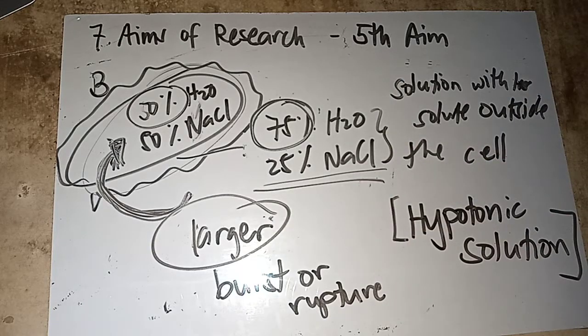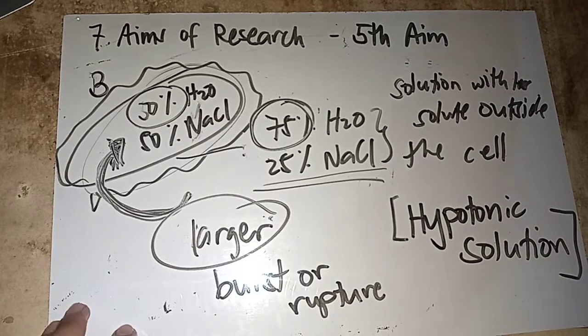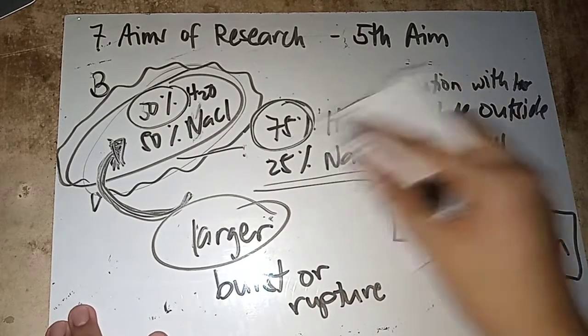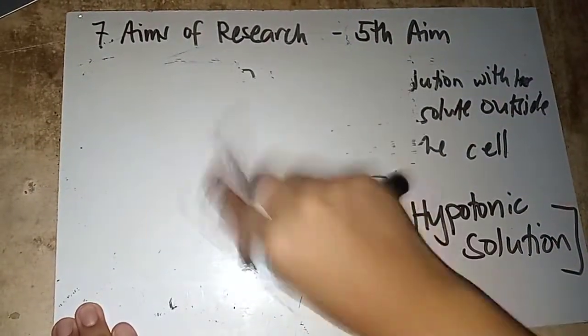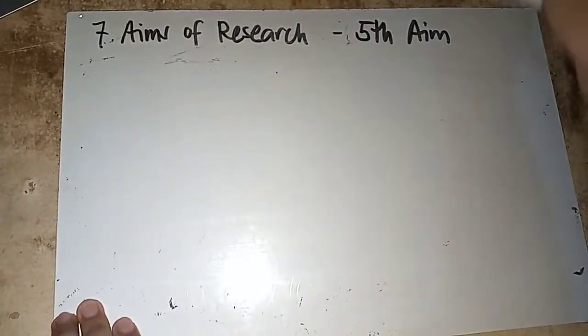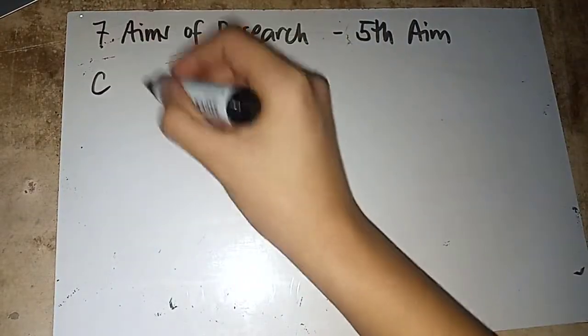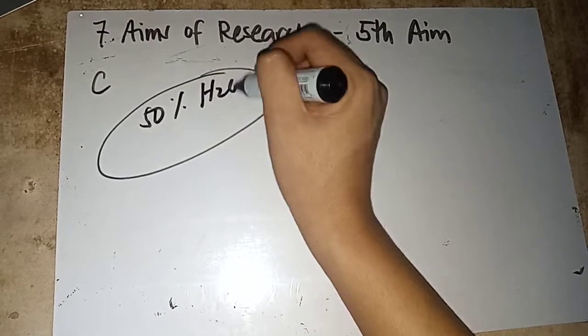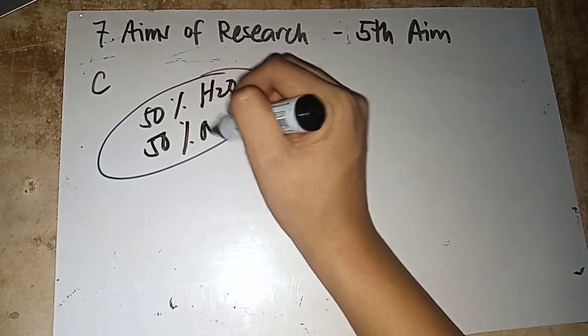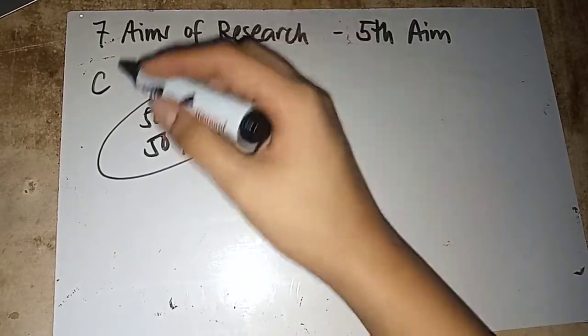So that is another concept of osmosis, which says that it can affect the size of the cell. And lastly, we have setup C. Suppose that in setup C, the cell still is composed of 50% water and 50% salt, NaCl.